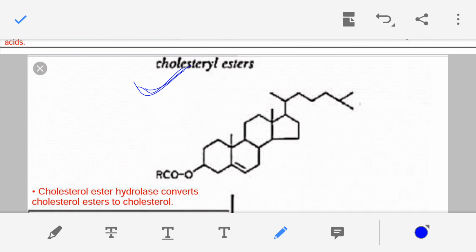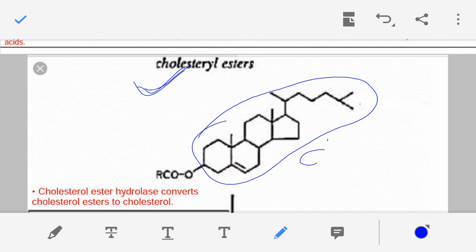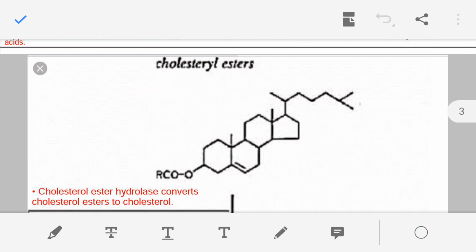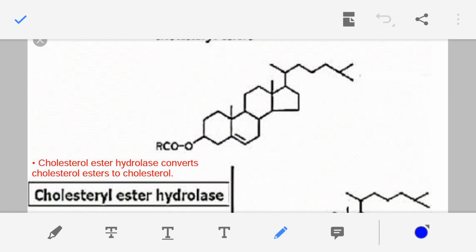In the structure of cholesterol ester, we will remember, this unit is the cholesterol, and this one is the fatty acid. Now the name of the enzyme is cholesterol ester hydrolase. And what this enzyme is doing, it is breaking this bond.